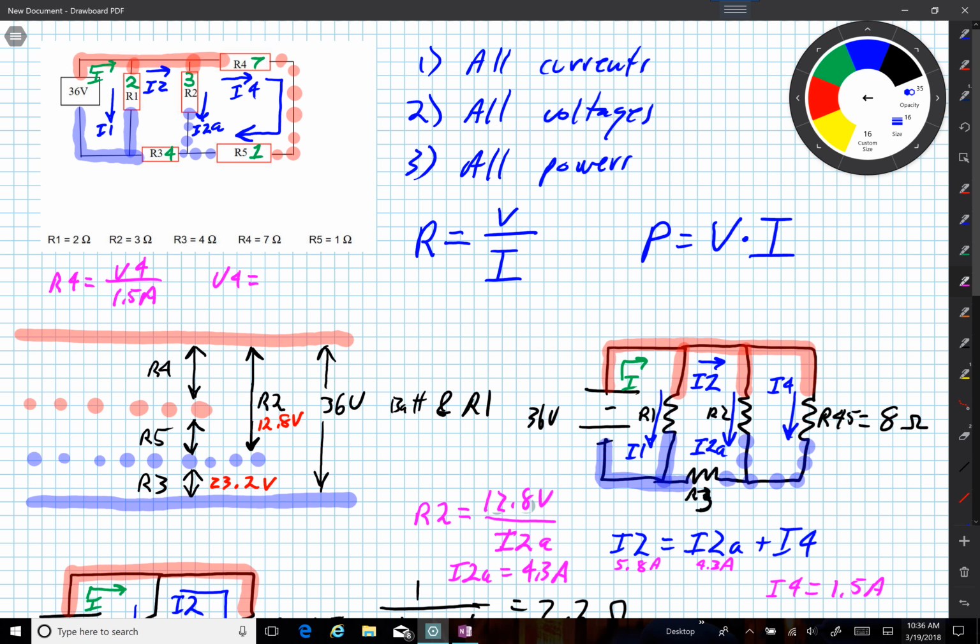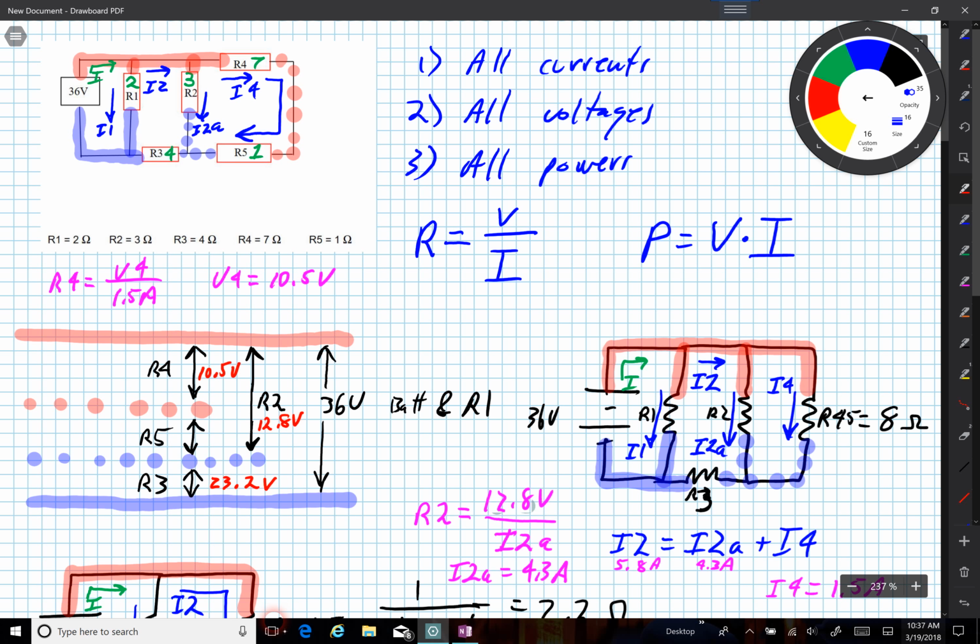And R4 is 7, and 1.5 amps. I get 10.5 volts. So I can say 10.5 volts.